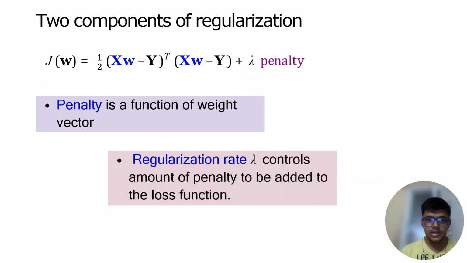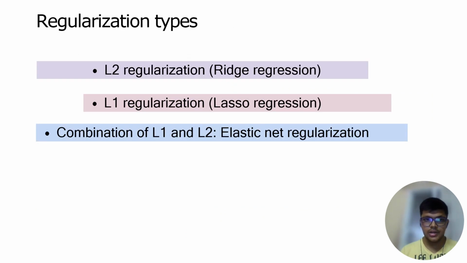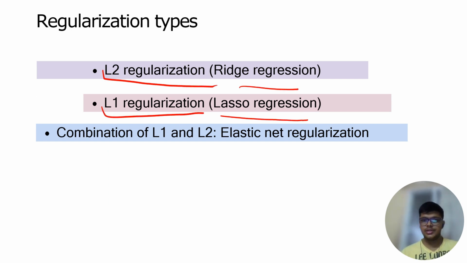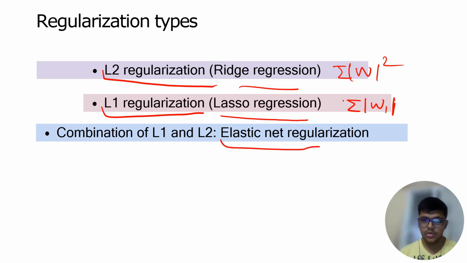Here there are two types of regularization techniques that we use: L2 regularization or ridge regularization, and L1 regularization or lasso regularization. This is called L1 because the penalty term is a single degree term. It is a summation of W weights, and this is a summation of W square. That is why this is L2 and this is L1. And elastic net is a combination of both of these.